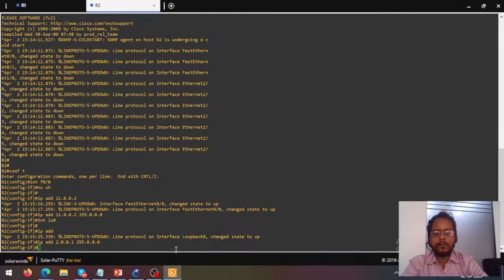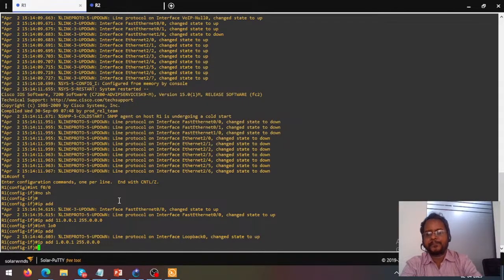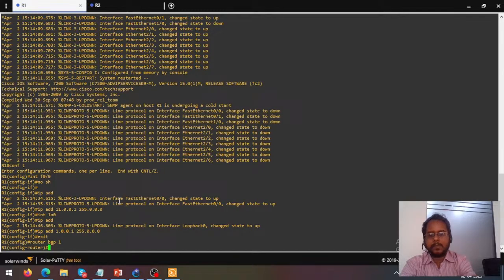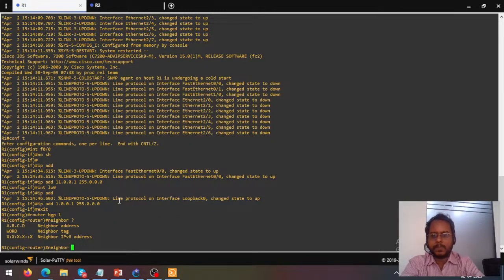And now what to do, you can go to R1 also, you exit and come back to the config mode, and now router BGP and then the AS number, say the AS number is 1. Now here you have to configure the neighbor. If you give a question mark, it will ask for the neighbor address, and the neighbor address is 11.0.0.2, and then the remote AS.